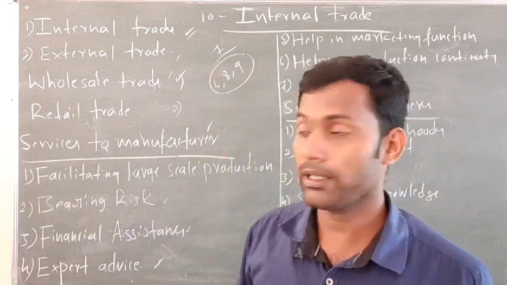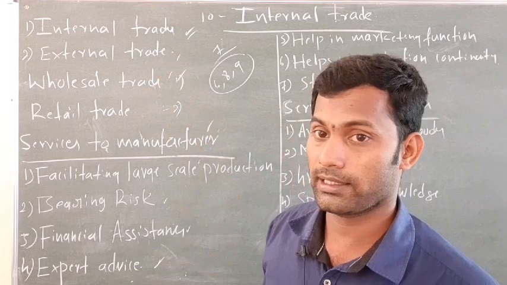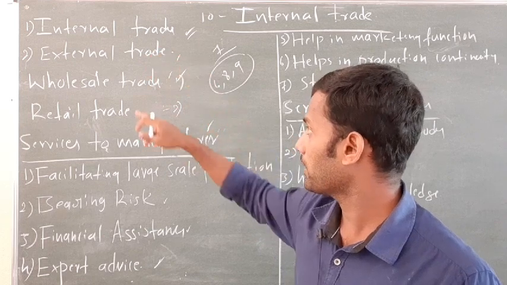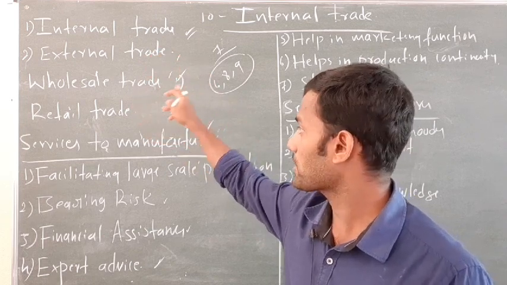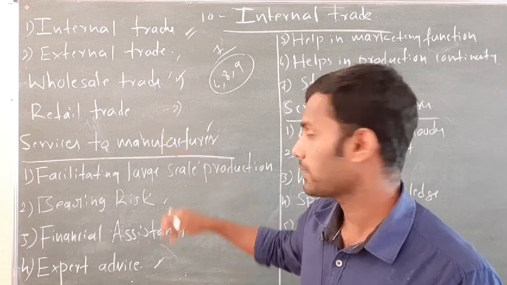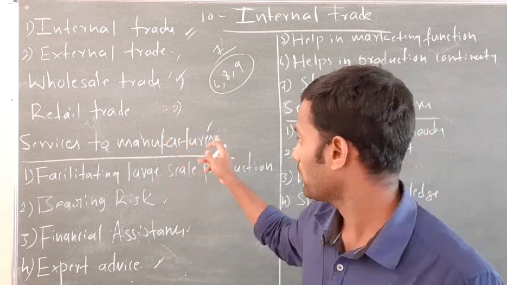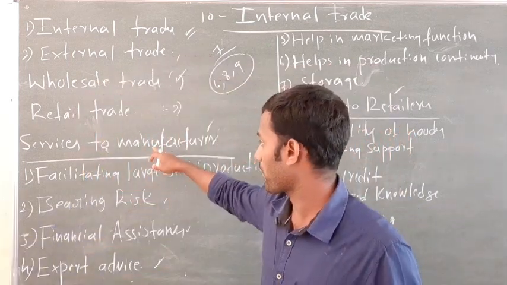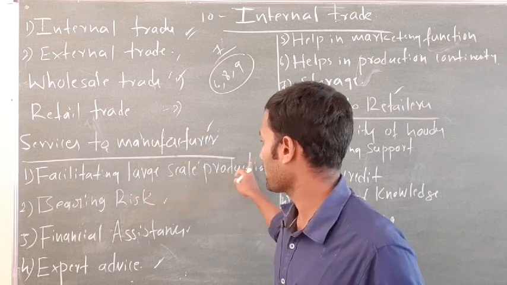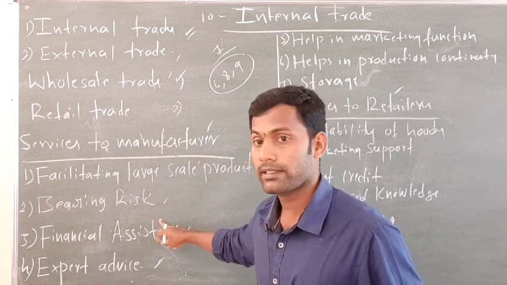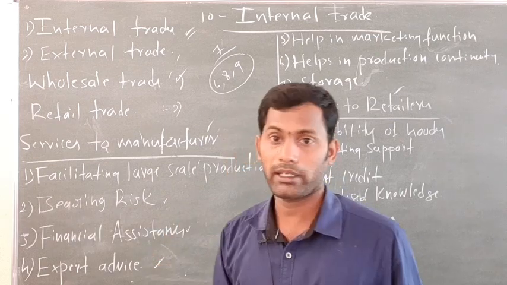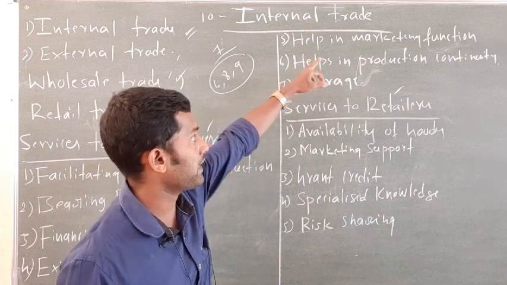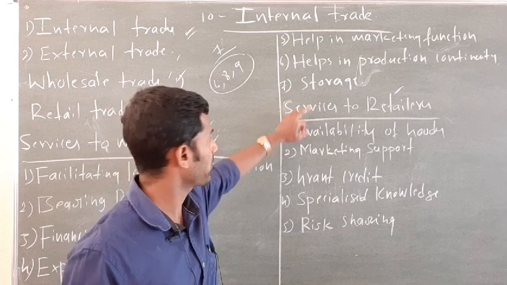In today's class we have studied these things. We studied internal trade, external trade, wholesale trade, retail trade, then the services given by the wholesaler to the manufacturers: facilitating large scale production, bearing risk, financial assistance, expert advice, help in marketing function, helps in production continuity, then storage.